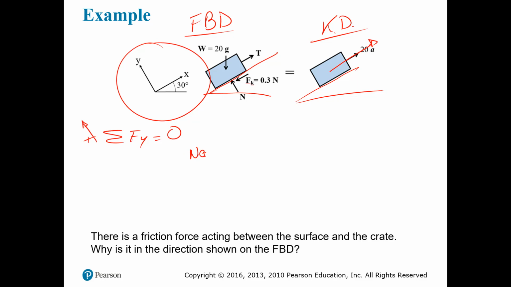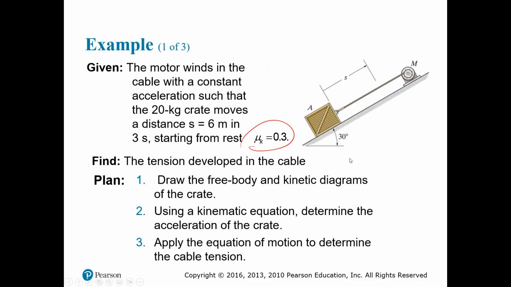Sorry, we'll just start over. I have the normal force going up, and going down I have the weight, which is 20. And don't forget to multiply the weight by 9.81. Then you use the inclination that you have here in order to find the components of the weight.